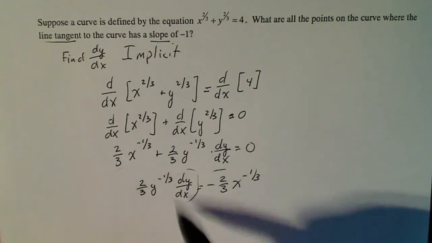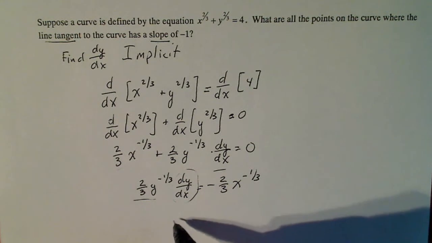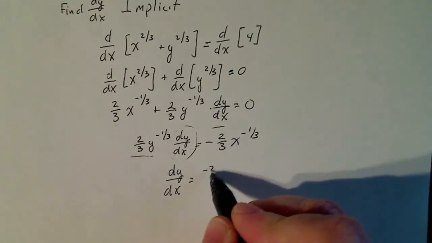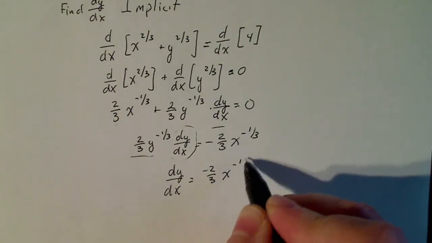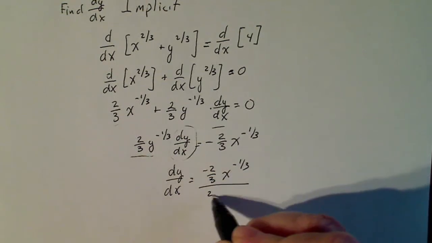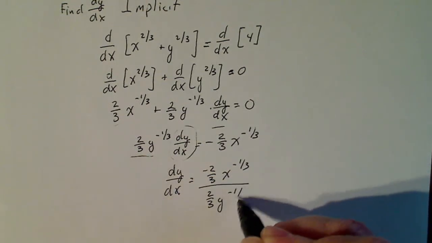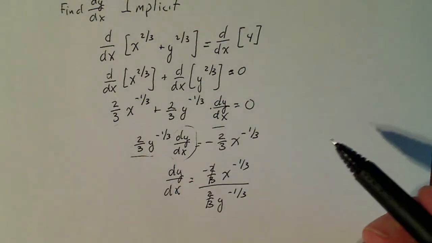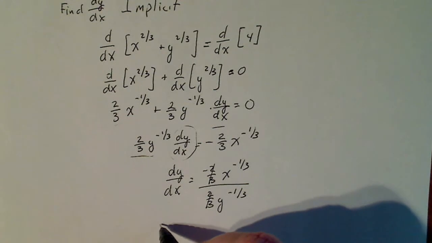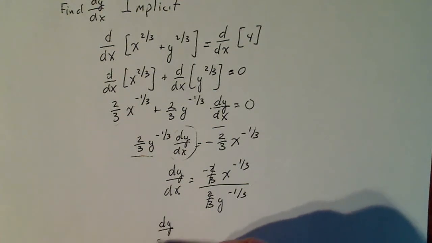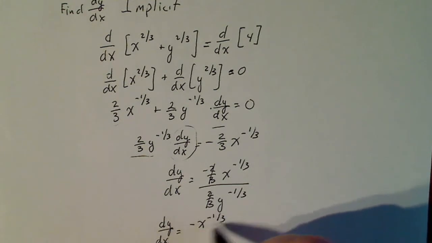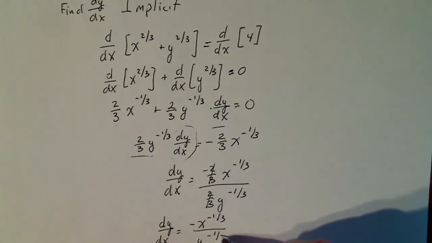Now I'm going to continue isolating for dy/dx, so I'm going to divide both sides by this guy. So dy/dx then is equal to -2/3 x to the -1/3 divided by 2/3 y to the -1/3. Now, because these are the same numbers, those cancel. And this simplifies a little bit more to -x to the -1/3 over y to the -1/3.